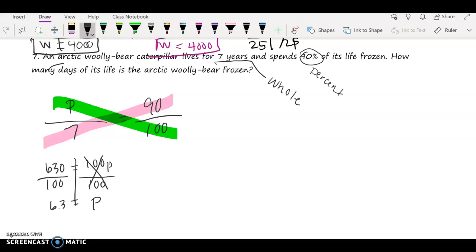However, you'll notice it says, how many days of its life is it frozen? And this was in years. So this is saying 6.3 years of its life it's frozen for. So I'm going to take this a little bit further, and I'm going to multiply this by 365. Why 365?